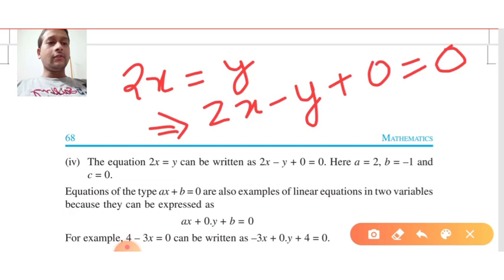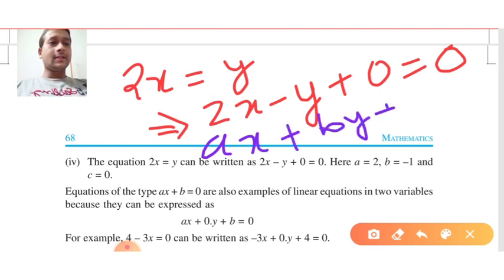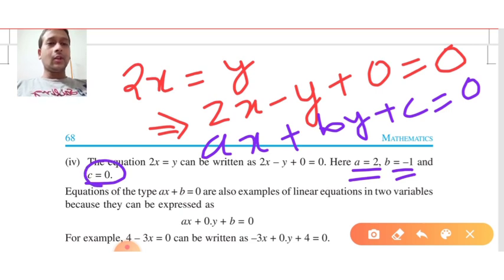So it is of the form ax plus by plus c equal to 0. Now if you look here, a is equal to 2, b equal to -1, and c equal to 0. So any equation which can be written in the form ax plus by plus c equal to 0 will be termed a linear equation in two variables.